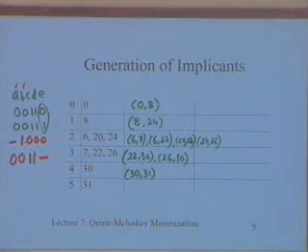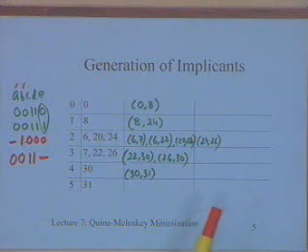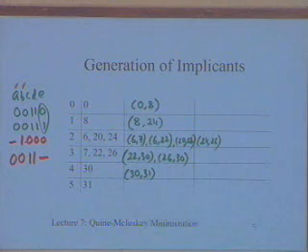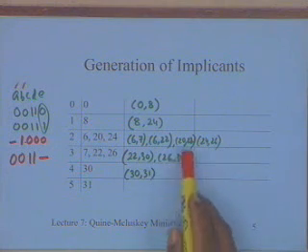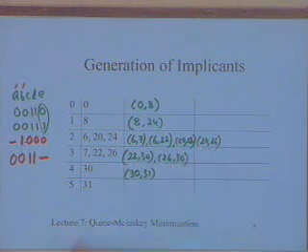Now once we have done this, what do we do next in terms of minimization? These are called the implicants, and as we cannot proceed any further, we have to stop here because none of them satisfies this condition. So now the next stage is what is called the covering stage. But before we do that, I will identify what are called prime implicants.